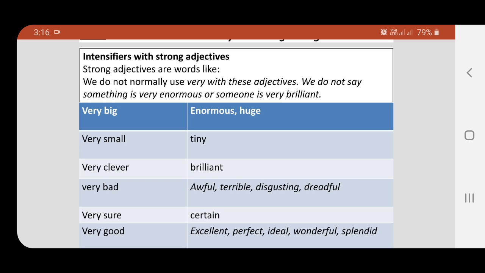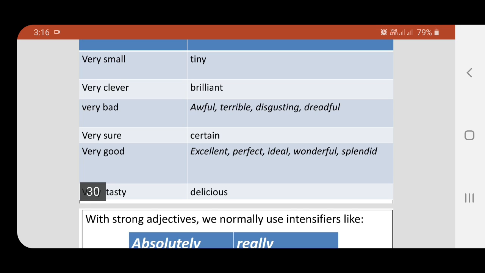These are some of the intensifiers. Certain, excellent, perfect, ideal, wonderful, splendid, delicious. These are some of the intensifiers.